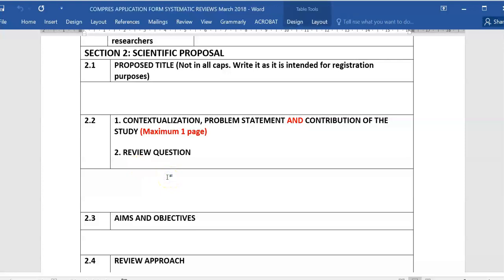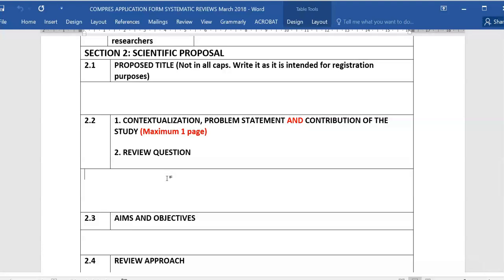As an example, you could say, what are the characteristics of adults that sexually abuse children? What are the personality characteristics? What are the social characteristics? Okay, so that could be your review question, and typically the answer of that you would go and find in the literature.